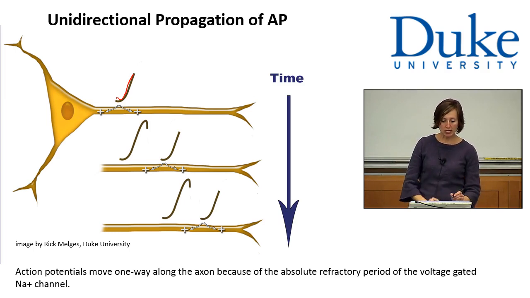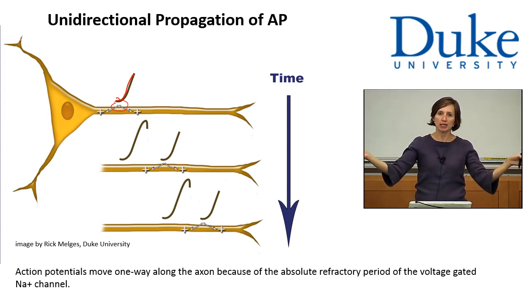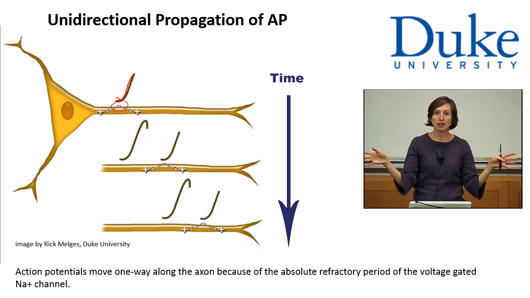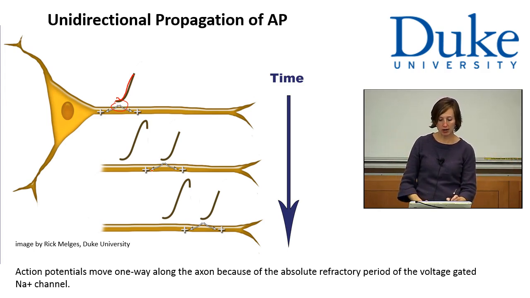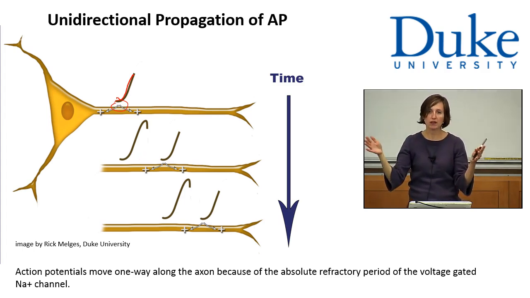And so at this point, where this action potential is occurring, sodium is rushing in, and it's going to then depolarize the membrane in the neighboring area such that it's going to get that part of the axon above threshold, and so it will have an action potential.